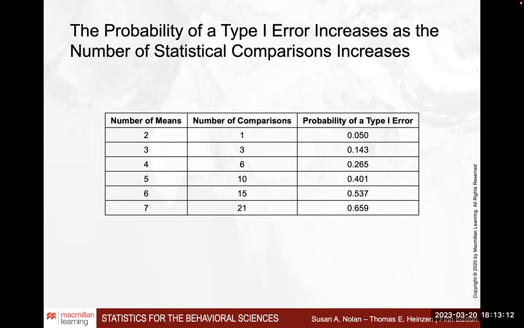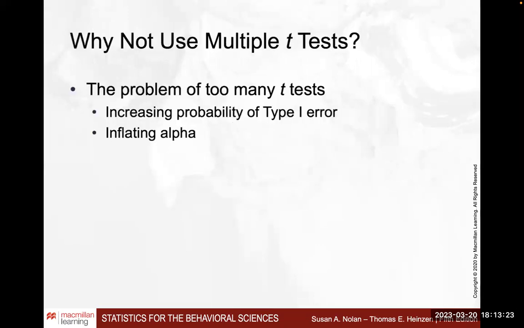If you have 6 groups, you're basically more likely to commit the type 1 error than not. So that's problematic, as you can imagine. The reason why you will refrain from doing multiple t-tests is that it's just too many tests. You increase your probability of type 1 error, and your alpha is just through the roof.